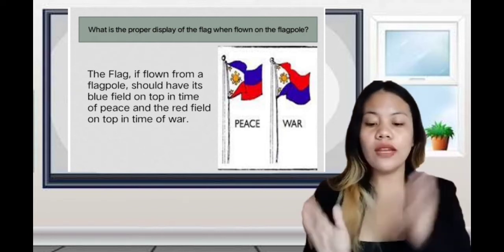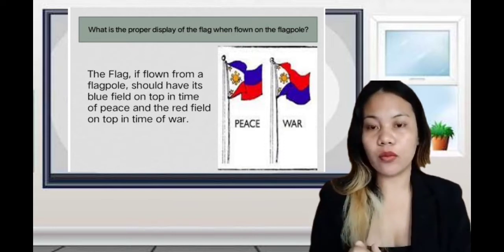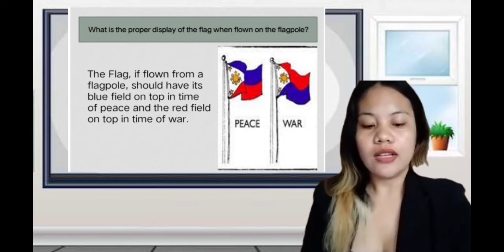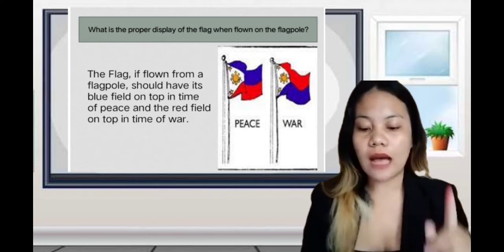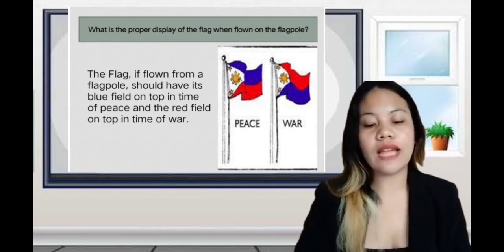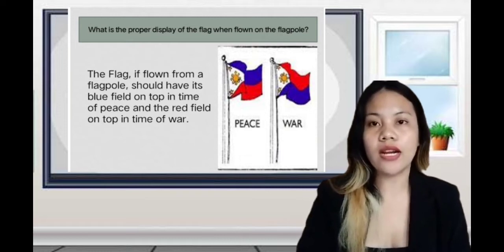When the flag is flown from a flagpole, it should have its blue field on top in time of peace and the red field on top in time of war.